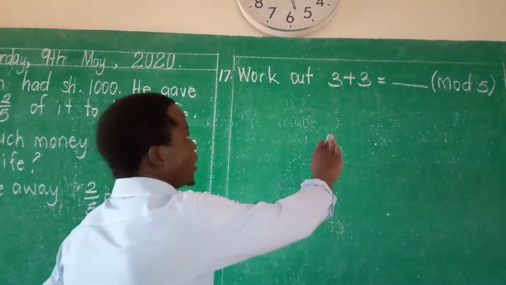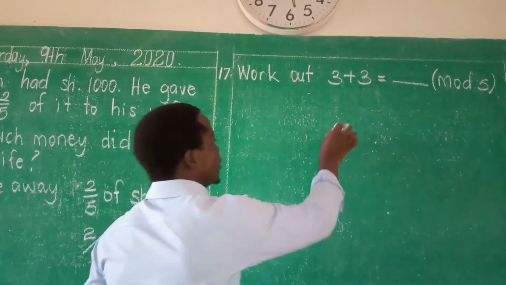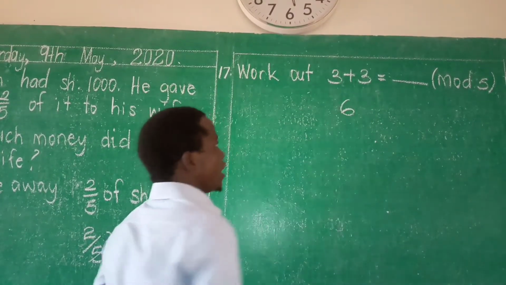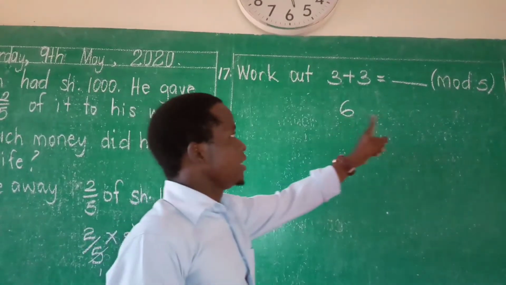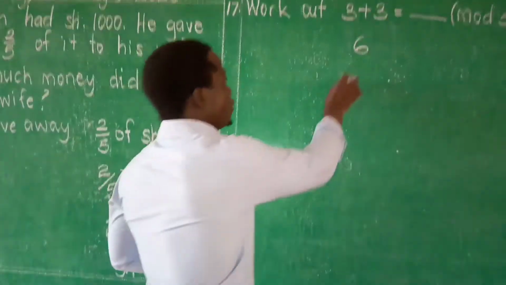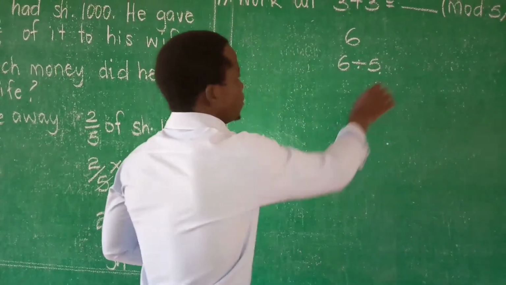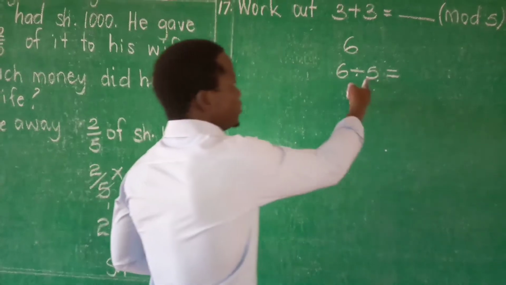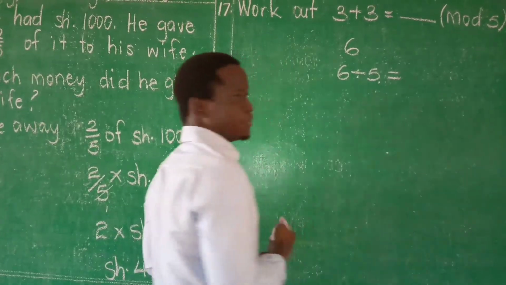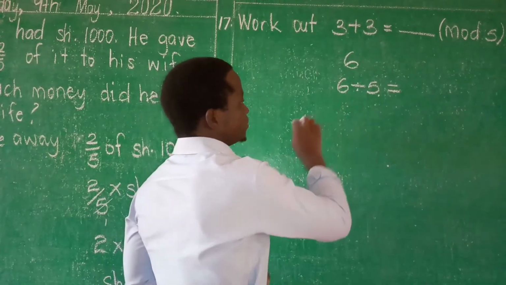1, we straight away add 3 plus 3 and we get 6. But 6 is not used in mod 5. What do we do? We get our 6 and divide it by 5. I'm using 5 because it's the mod. You divide the big number you've got here by the mod that you have.